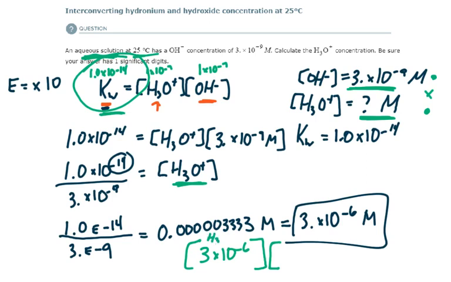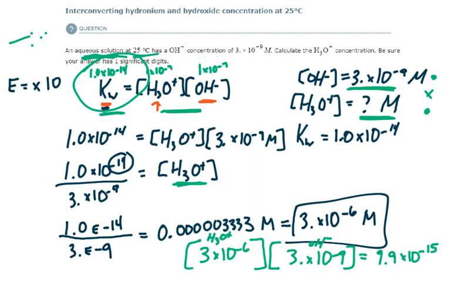So this is the hydronium ion, and this is hydroxide, which was 3 times 10 to the minus 9. What do I get when I multiply those two concentrations together, or what is the product of the concentration of those two ions? Well, it is very close to the value of the ion product constant. It is 9.9 times 10 to the negative 15.